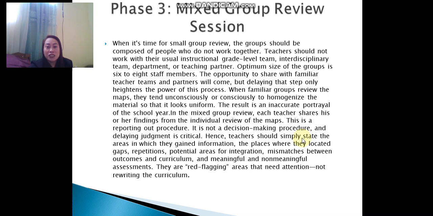Hence, teachers should simply state the areas in which they gained information, places where they located gaps, repetitions, potential areas for integration, mismatches between the outcomes and curriculum, and the meaningful and non-meaningful assessments. They are red flagging areas that need attention, not rewriting the curriculum.